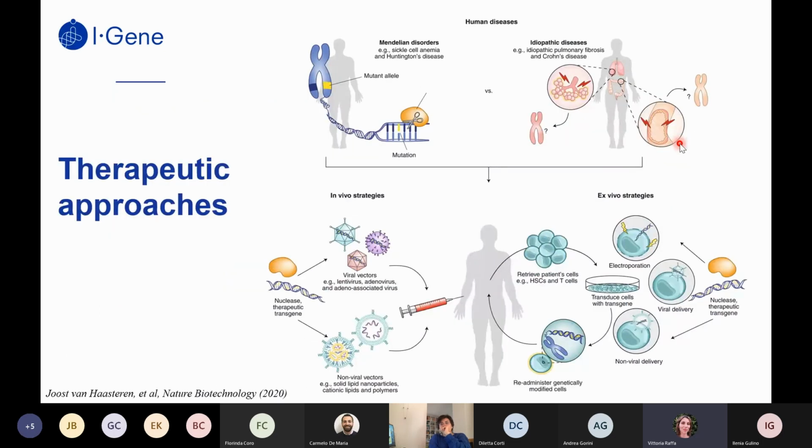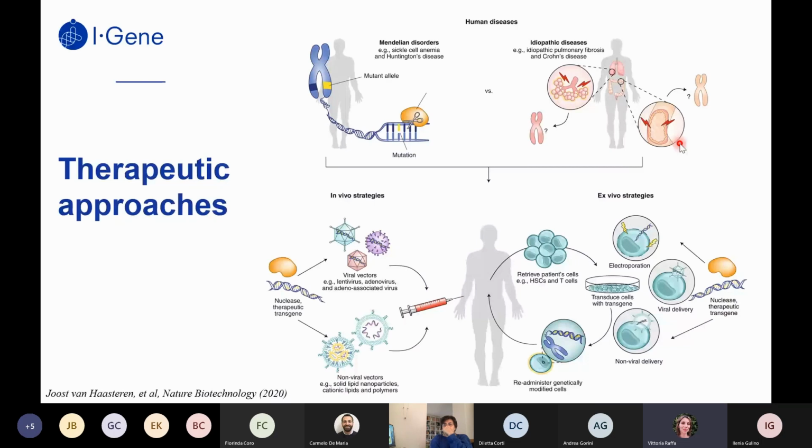The therapeutic applications of this new technology are also practical applications. But I should say that the potential number of applications is countless, while the number of real applications is very limited, because there are some limitations in this technology.